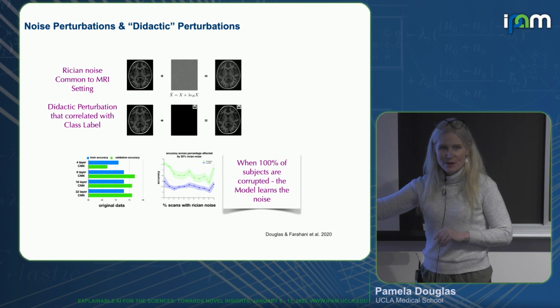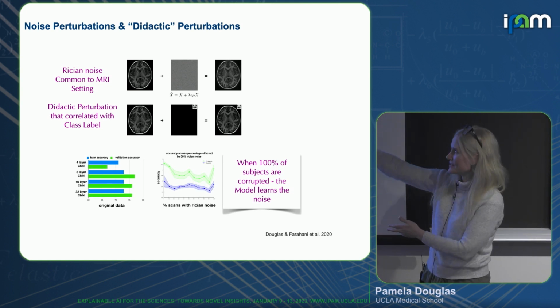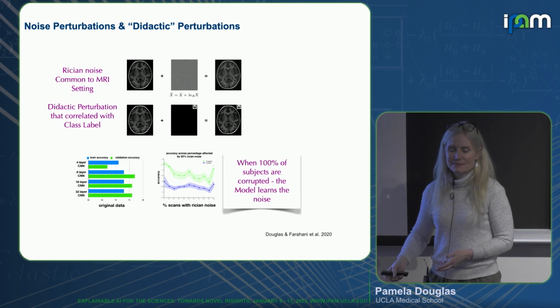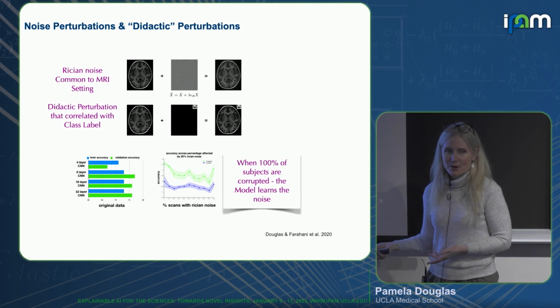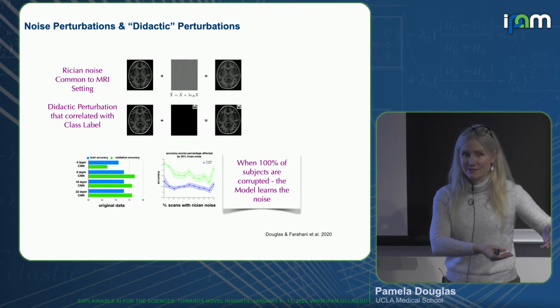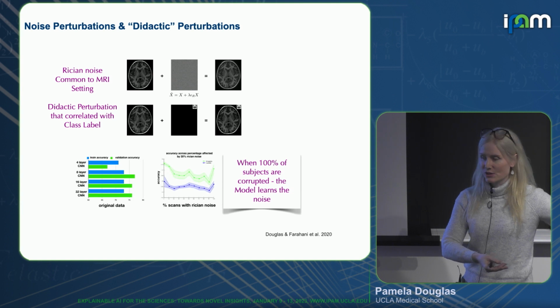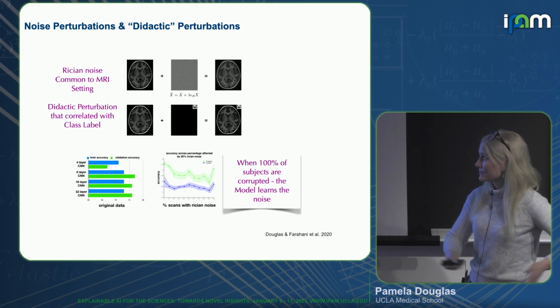So to tell the model, here it is, this is the copyright symbol, but instead we used a panda, and to see how well the models did at identifying a signal that correlated very strongly with the class label.